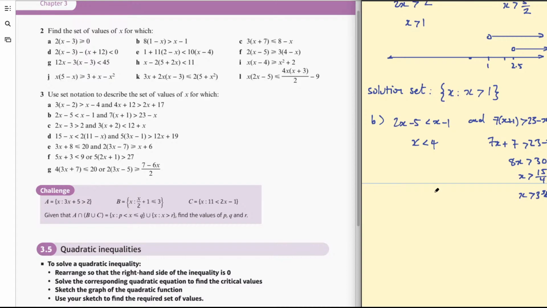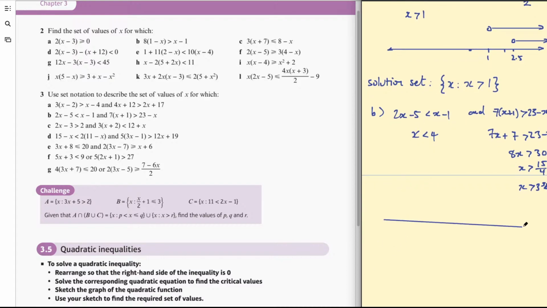Okay, so the number line is going to help with our understanding here. So we have an inequality of x less than 4, an empty circle to show it's just less than, not less than or equal to. And then x greater than 3 3/4.